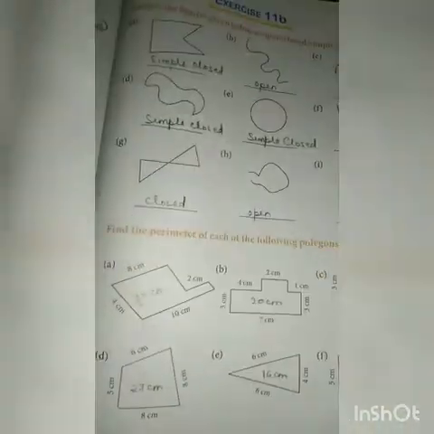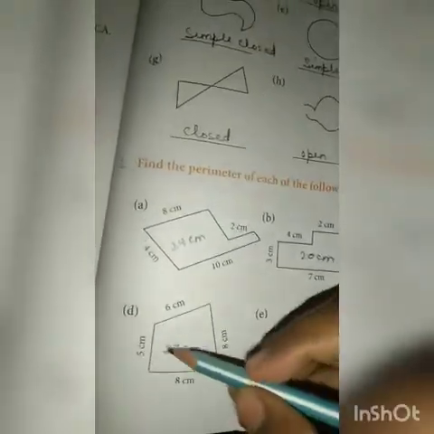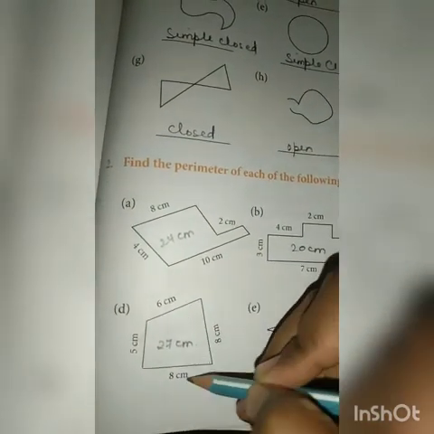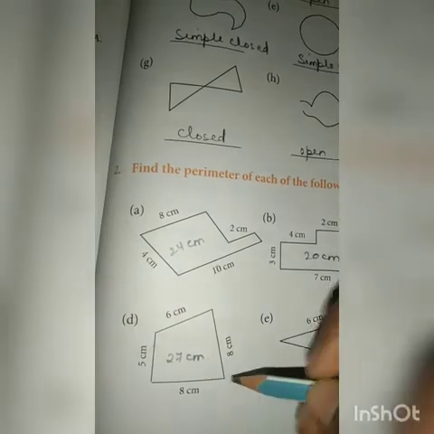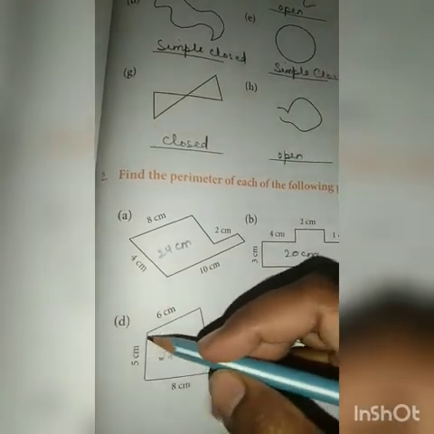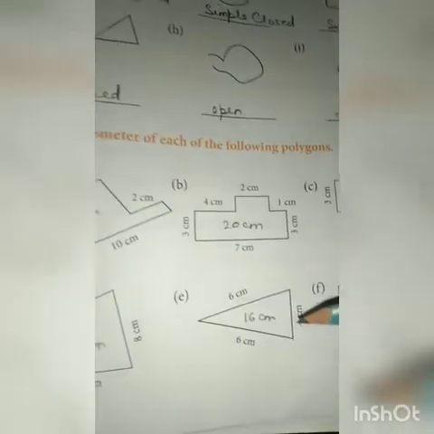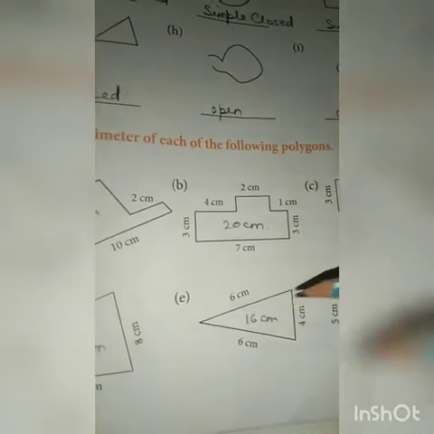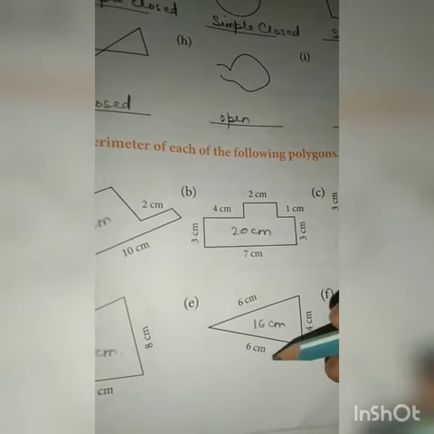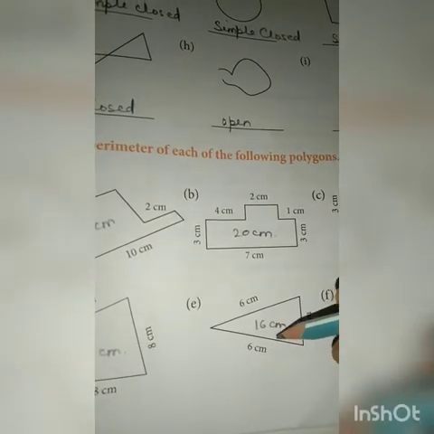Now question number D. 5 plus 6 is 11, 11 plus 8 is 19, 19 plus 8 is 27 again. So 27 centimeter is the measurement of polygon D. Question number E. This polygon, the triangle, is drawn. 6 plus 4 is 10 centimeter and 10 plus 6 is 16 centimeter is the measurement of this polygon.